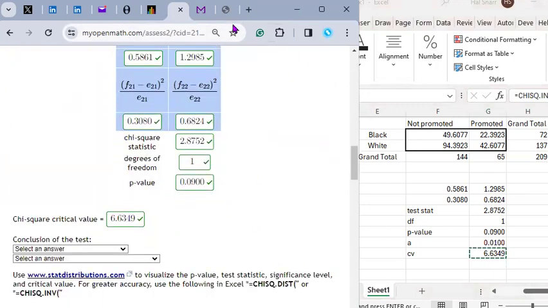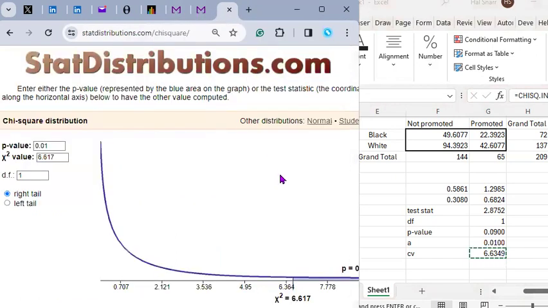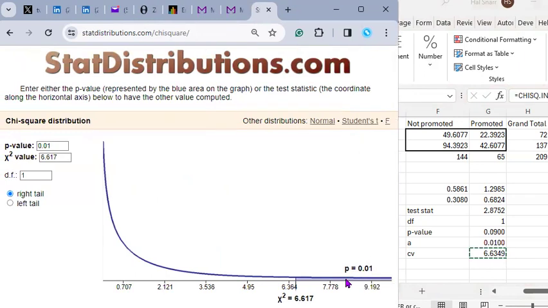Okay. Now, let's go back to statdistributions.com. Let me widen this up. The area under the curve that is right at the critical value, this area is called significance.